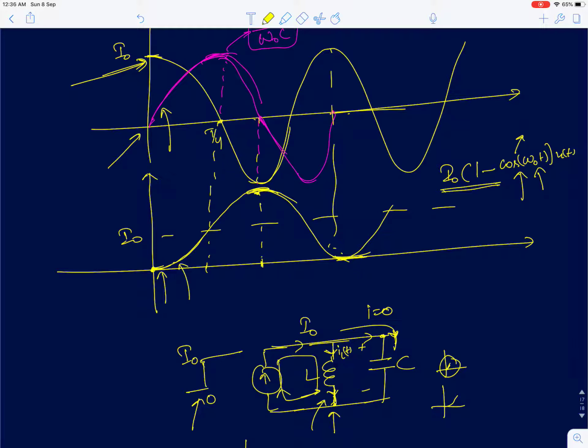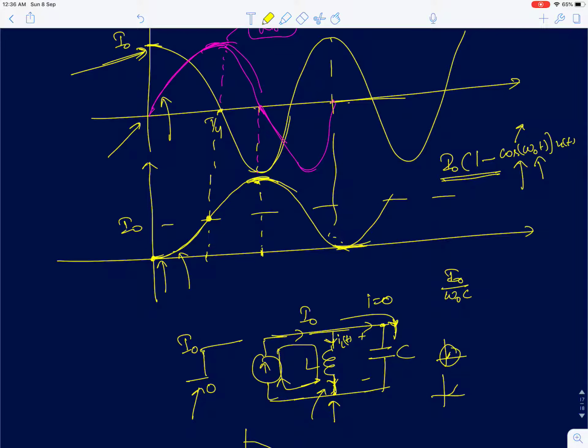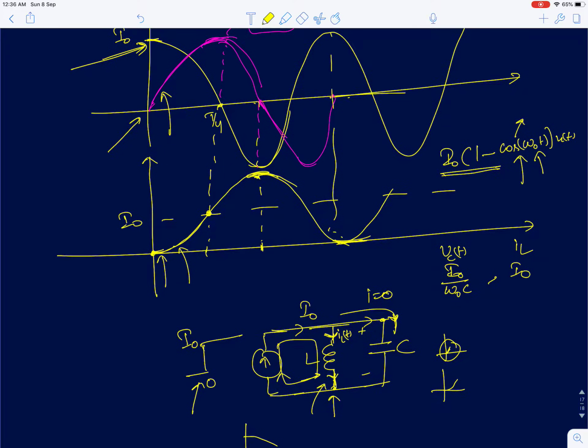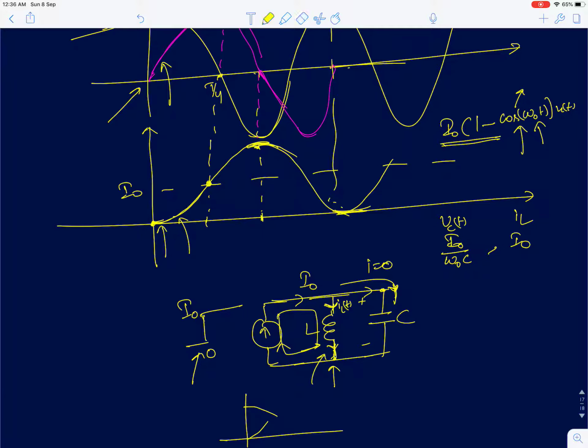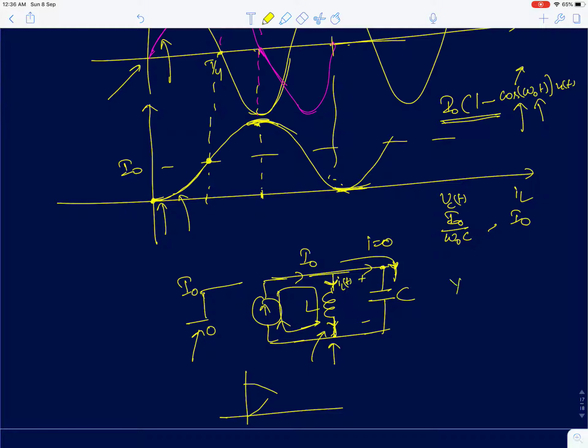We'll try to compute the energy stored in the tank at t equal to T by 4. So the voltage across the capacitor is maximum, and that is I naught by omega naught C, and the current through the inductor IL is I naught. So the stored energy in the system at this point, in the inductor it is half L I naught square, and in the capacitor it is half C V naught square, that is I naught upon omega naught C the whole square.